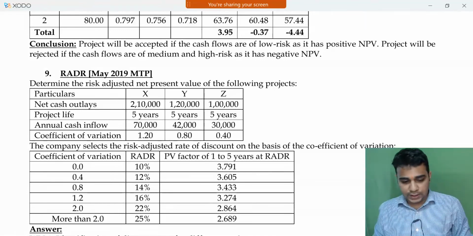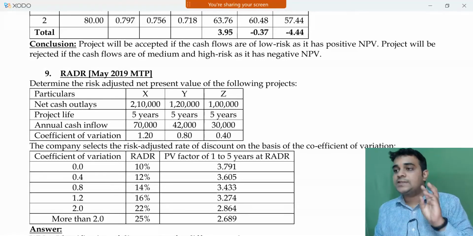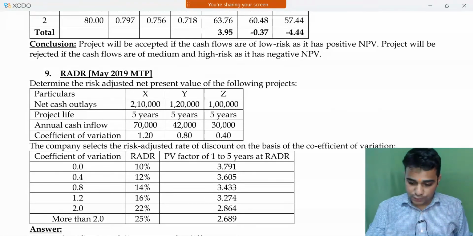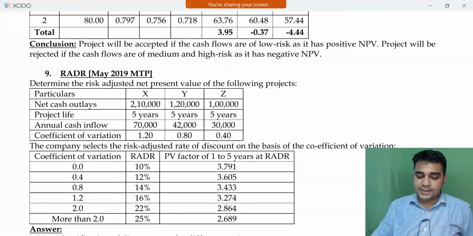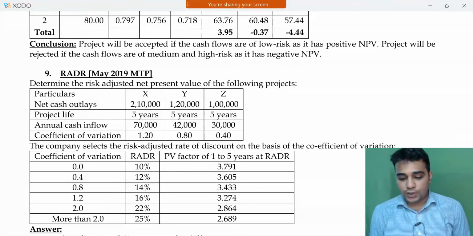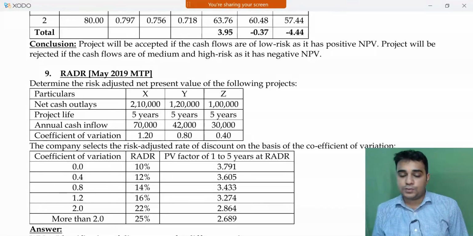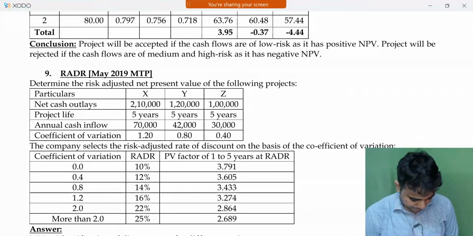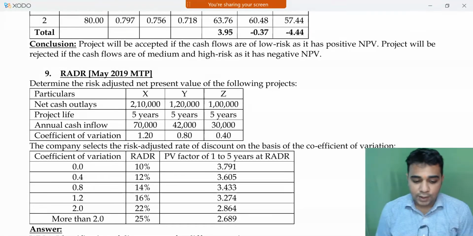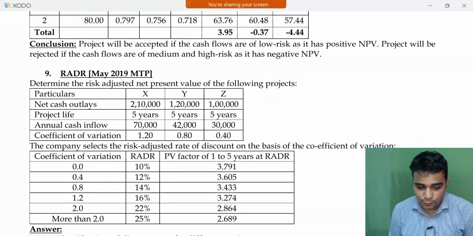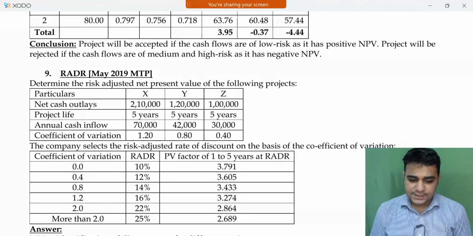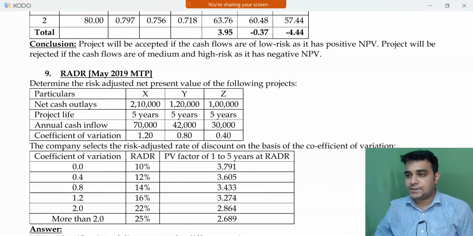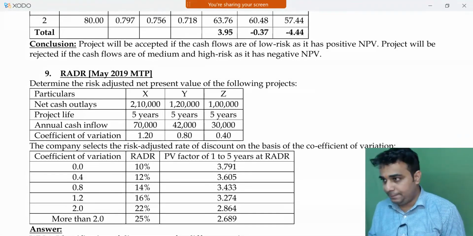Go through the question and tell me what should be the discount rate for X, Y and Z. X is 16%, Y 14%, Z is 12%, and based on that you calculate the NPV.